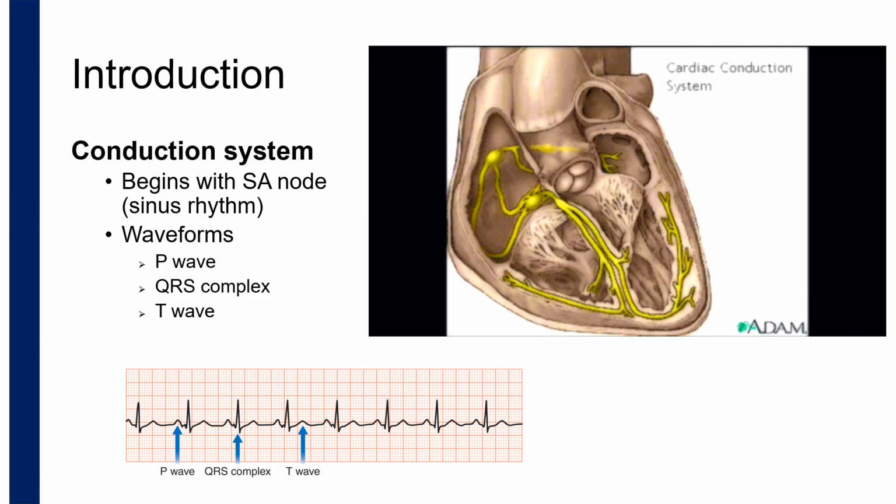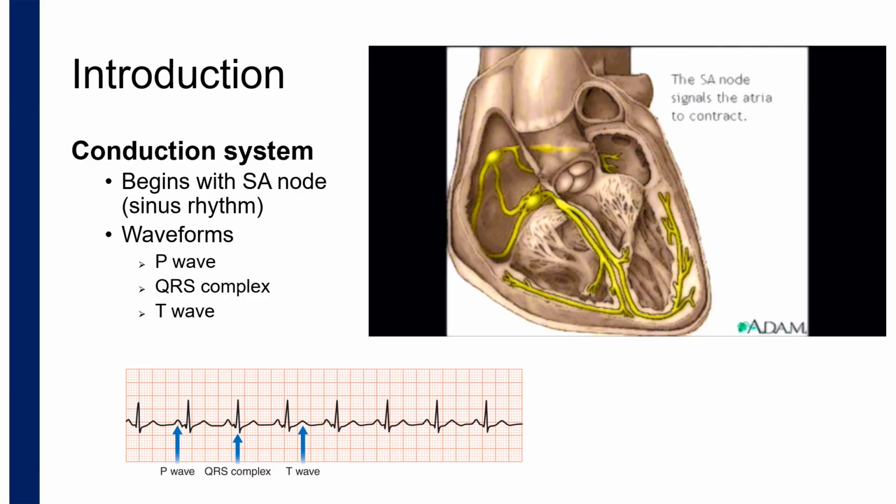Together, this group of cells is called the cardiac conduction system. The main components of the cardiac conduction system are the SA node, AV node, bundle of His, bundle branches, and Purkinje fibers. Let's follow a signal through the contraction process.